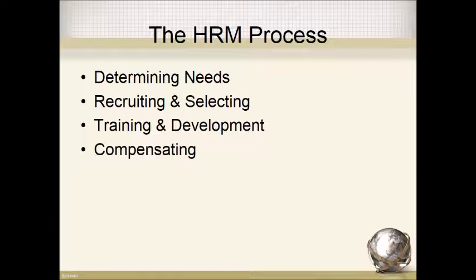Bonus plans, where extra pay is given according to accomplishing a set goal. Profit sharing, where annual bonuses are paid to employees based on the company performance. Gain sharing plans, where annual bonuses are paid based on achieving a specific goal, such as quality measures. There's stock options.